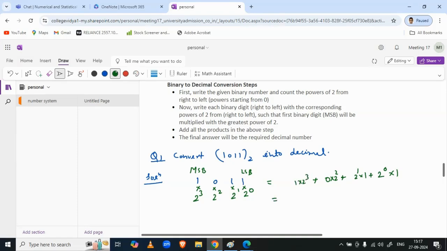Now add all the products. 2 to the power 3 means 8, 8 into 1 is 8. If we multiply 0 with any number, we get 0 as a result. 2 to the power 1 is 2, into 1 is 2, and 2 to the power 0 means 1, into 1 is 1. So the answer will be 8 plus 2 plus 1, which is 11. So this is the answer in decimal. और decimal का जो base है वो क्या होगा? 10. Okay.